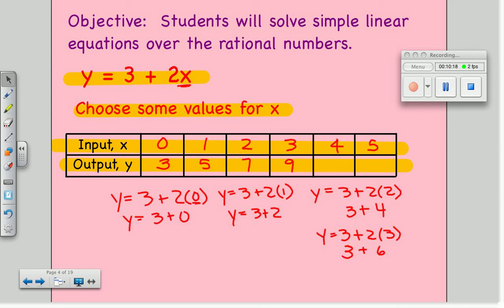Now hopefully you see the pattern: 3, 5, 7, 9. What's going to be next? 11, and last, 13. So now we've organized it in a table.